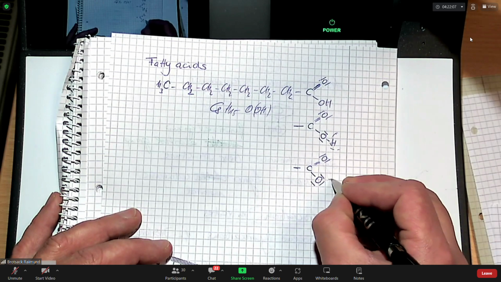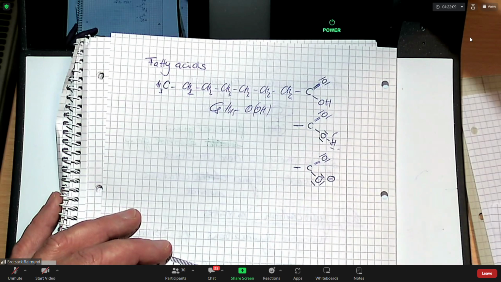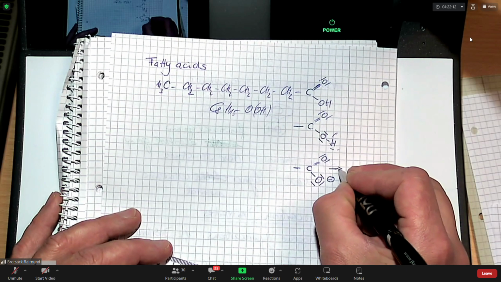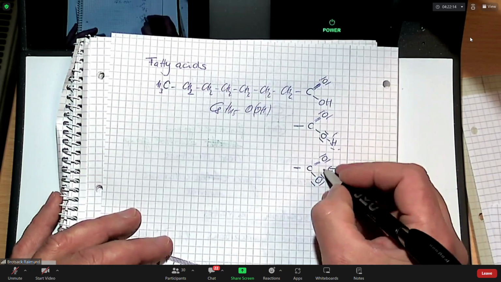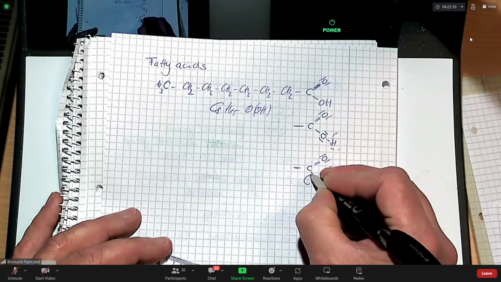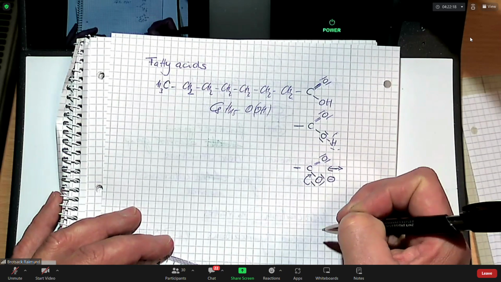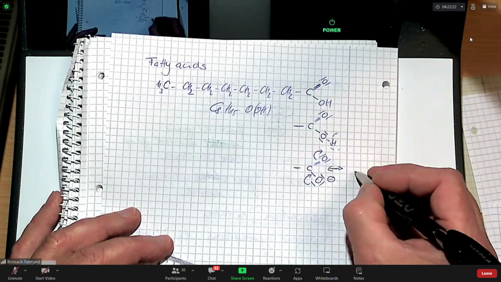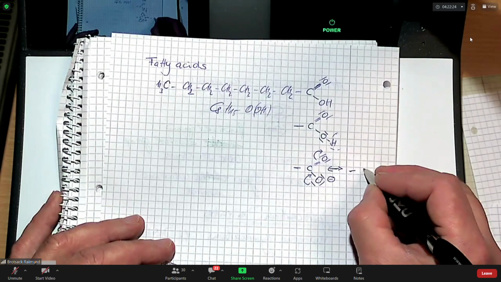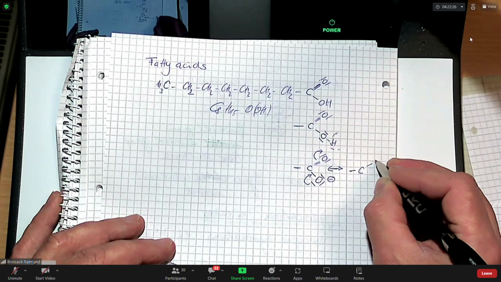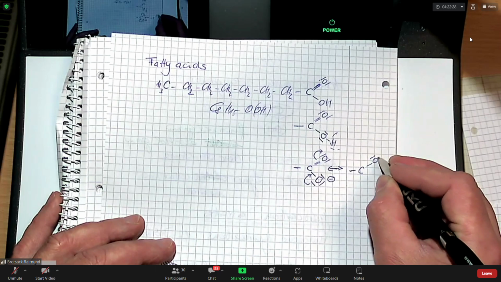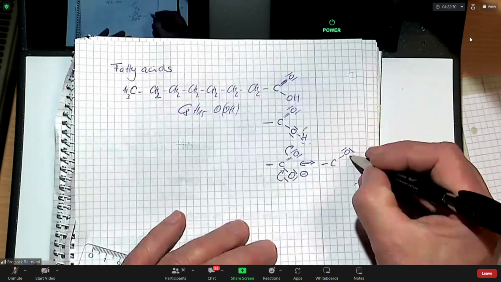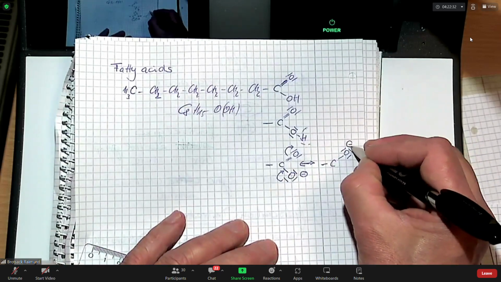Then we have the negative charge here. And when I try to explain the mesomery, then I say this one comes over here, then I have the double bond on that side, and this one comes out, then I have the negative charge on the upper. That is what we, I think, talked about even before, when we talked about carboxylic acids.